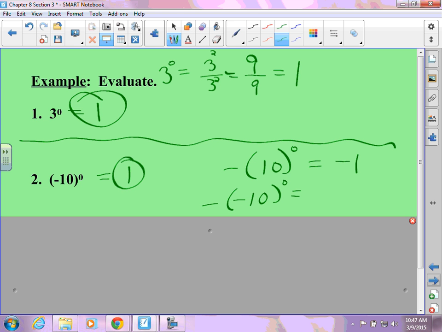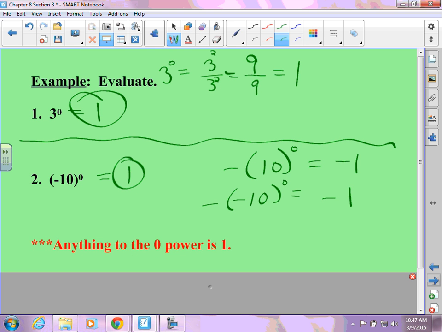Because that exponent affects that number. All right, let's move on. Remember, anything to the 0 power is 1. So the negative 10 is to the 0 power, which is 1. But remember that negative comes along for the ride, like your parent on a date. We talked about that. Yep, they're hanging on for dear life. They're going to come with.